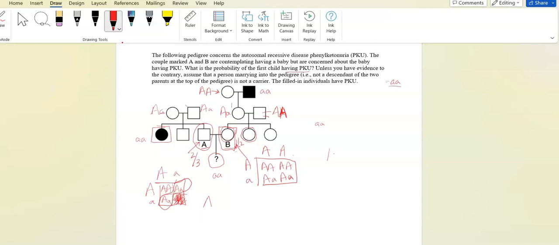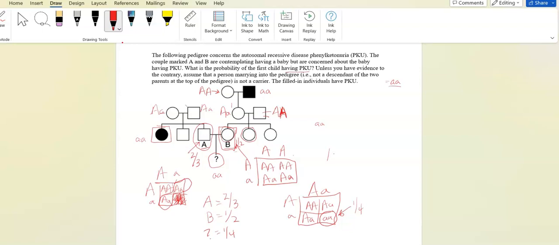So the probability of the A individual being a carrier is 2/3, and the probability of the B individual being a carrier is 1/2. Now, if they're both carriers, what's the probability that their offspring is going to get PKU? Again, it's just standard Mendelian genetics. If they're both carriers, the probability of any one of their offspring having PKU as an independent event is 1/4. So the question mark is 1/4.